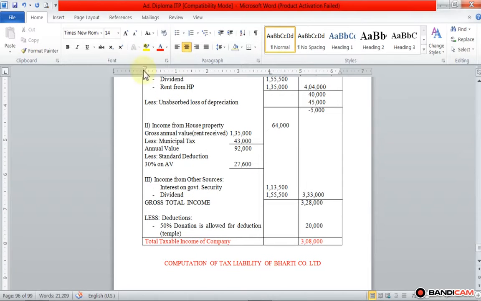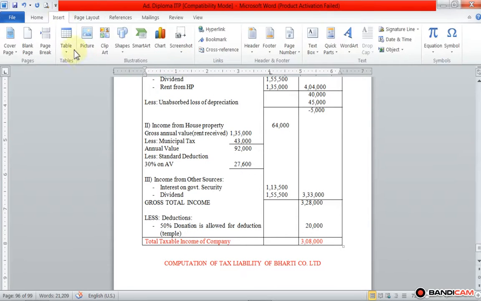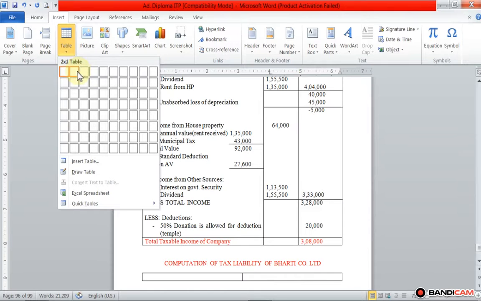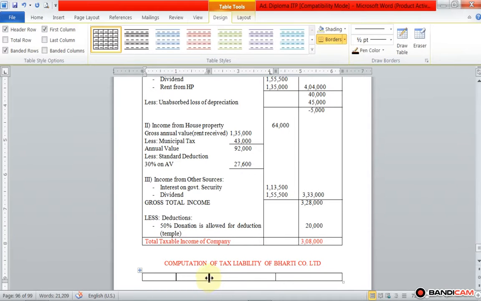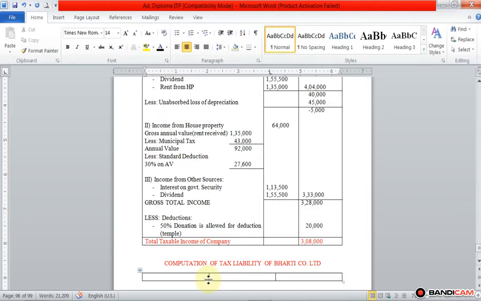Okay, then prepare a 3-column, that is particulars, rupees.